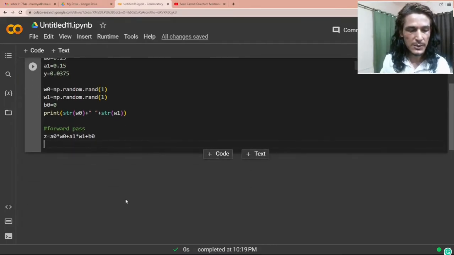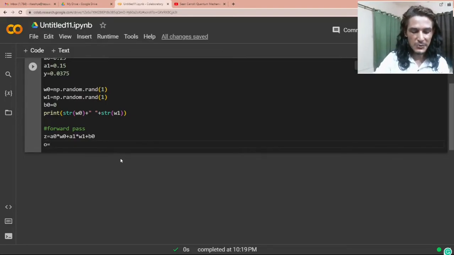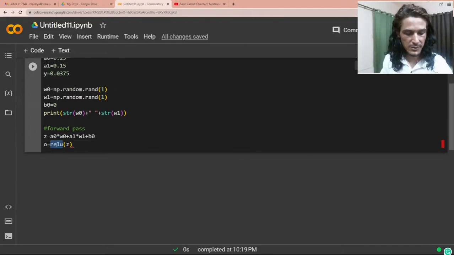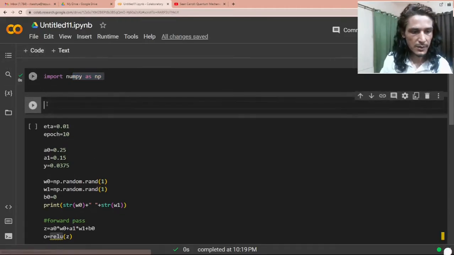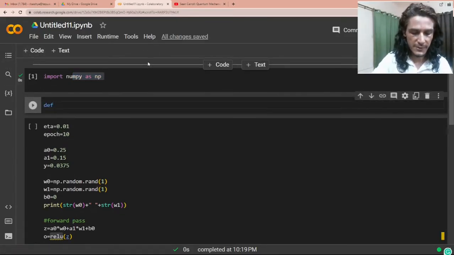Now we want to pass it through an activation function. So we want our output to be equal to the activation function. We'll define a function, relu, and pass this z to it. Since this is our function, we have to write the code for it. So we'll define a function called relu, giving it an input say g.